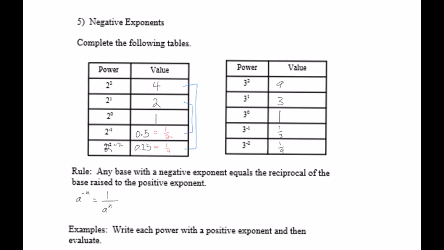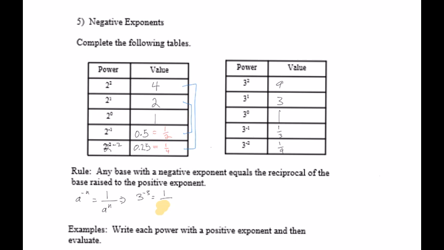For example, let's take a look at this. Let's say I had 3 to the negative 3. I could write that as 1 over 3 to the 3, and then simplify the bottom half of this fraction. I could simplify that to whatever I want.